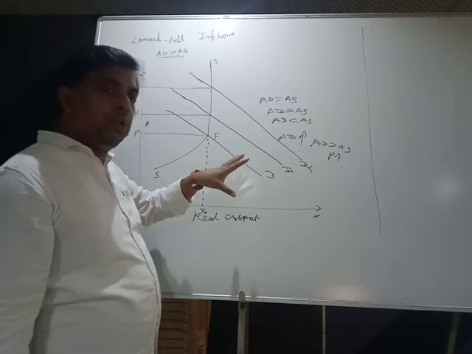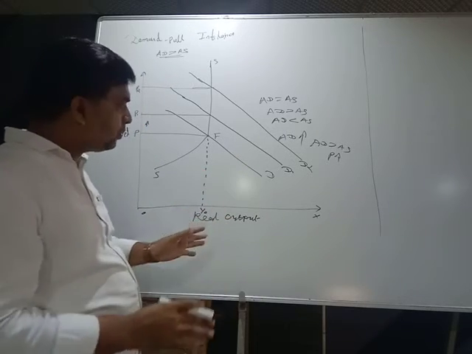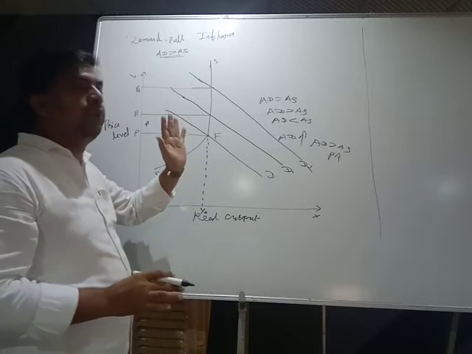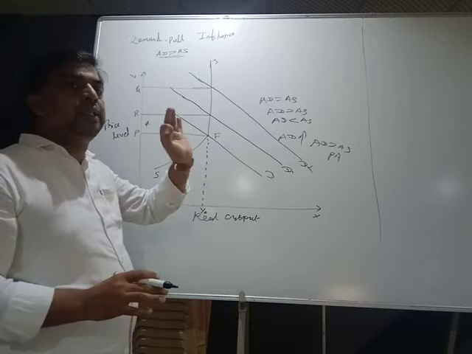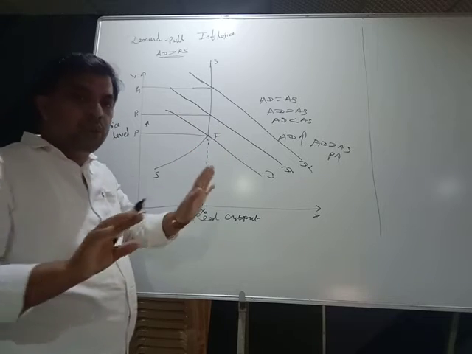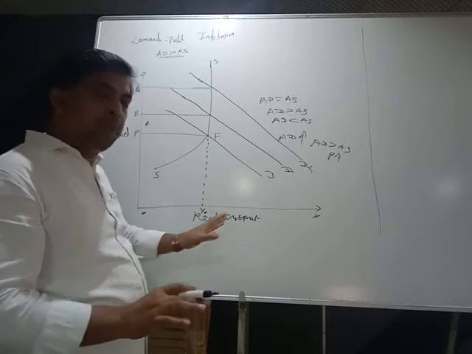Okay. So in this diagram, what we have learned is that after the full employment level, when the supply curve becomes a vertical straight line, it means there is no scope for further increase in real output or employment.